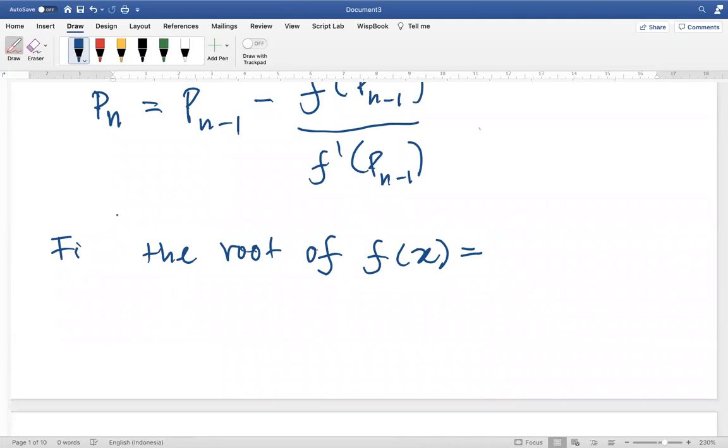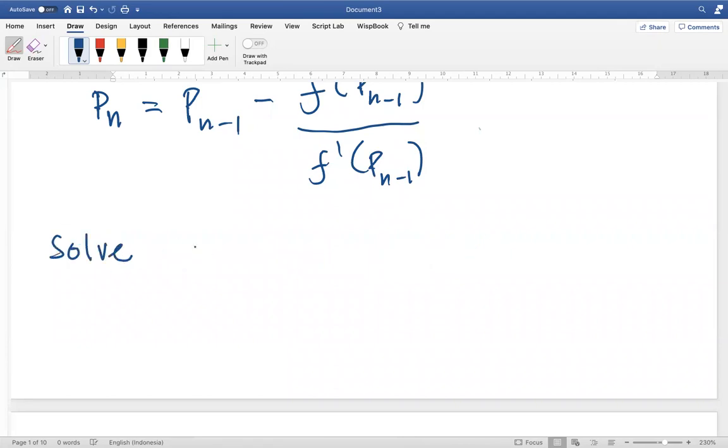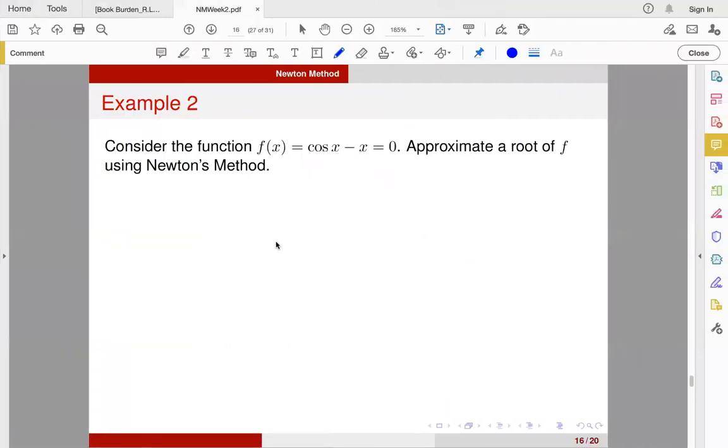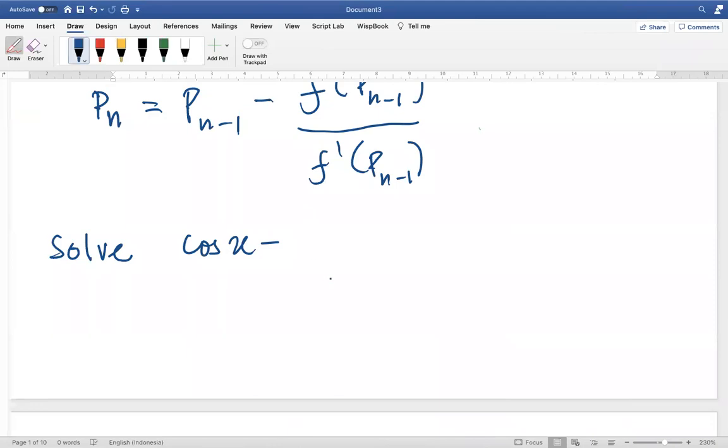Or solve, yeah. Solve cos x minus x equals 0 using Newton method.